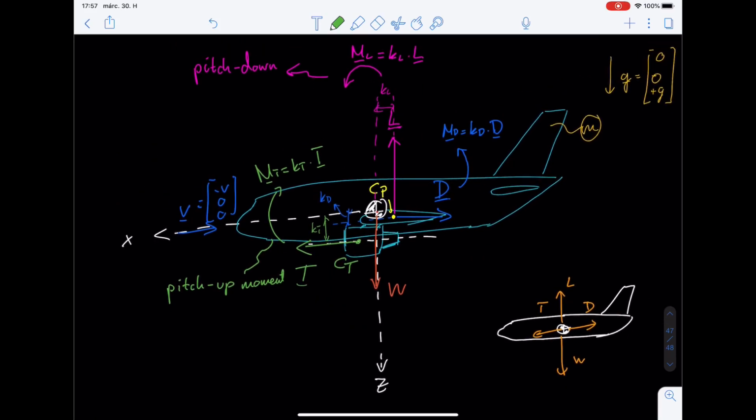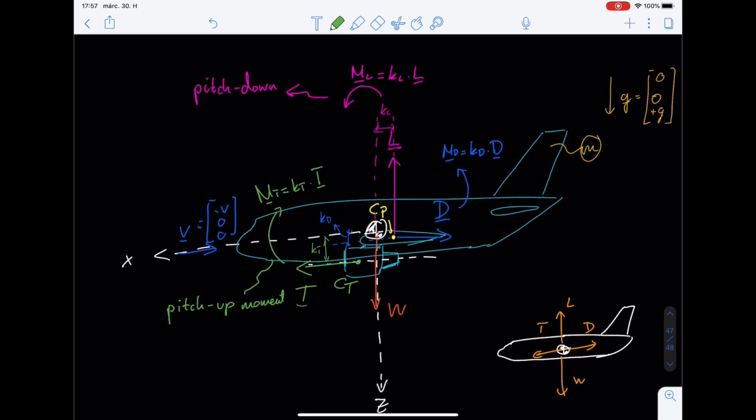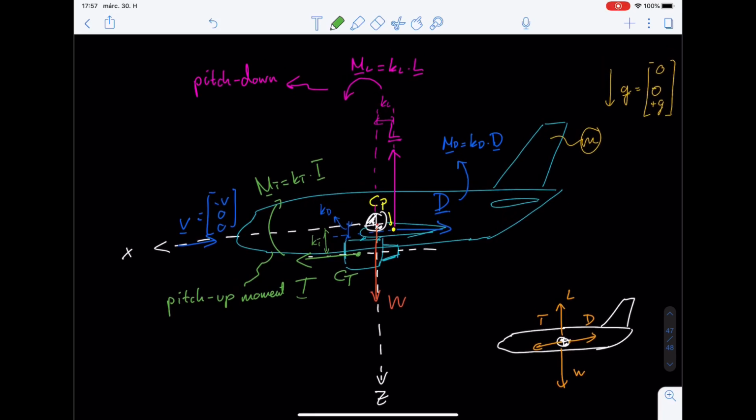Okay. But of course, which moment you call negative and positive is determined by the coordinate system which you use, on the convention basically.